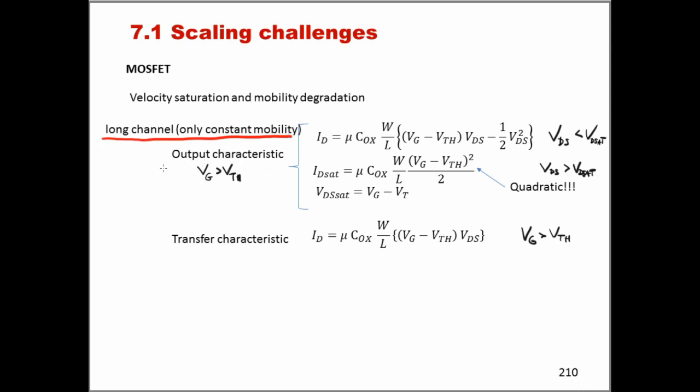If the transistor is on, which means that Vg is bigger than V threshold, the output characteristic is given by this formula here for ID. Remember, this is for the linear regime, so when VDS is smaller than VDSAT, or it is given by these formulas here when we are in the saturation regime, so when VDS is bigger than VDSAT.